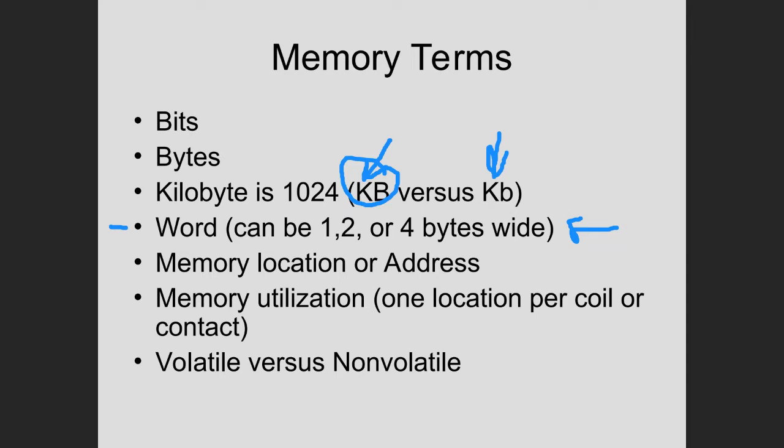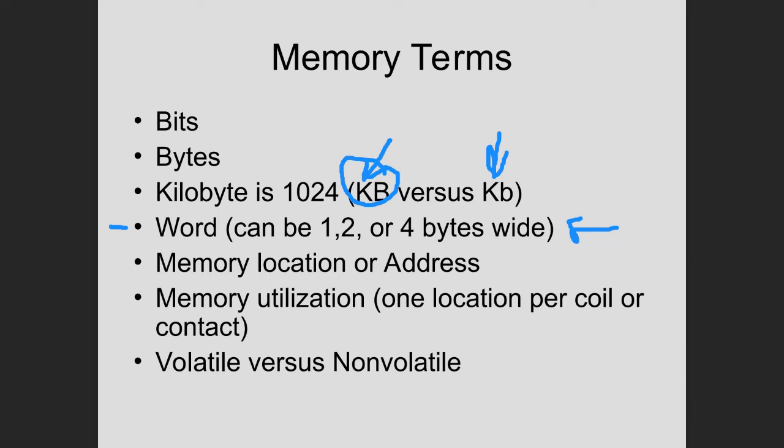If I ask how big a word can be, a word is machine dependent, it just depends on the manufacturer of the machine. For us in this class, a word is going to be 16 bits, so a word is going to be 2 bytes. And I'll show you why in a minute.